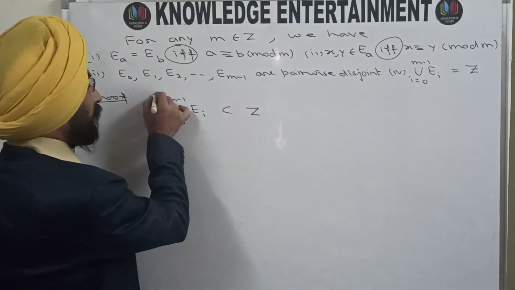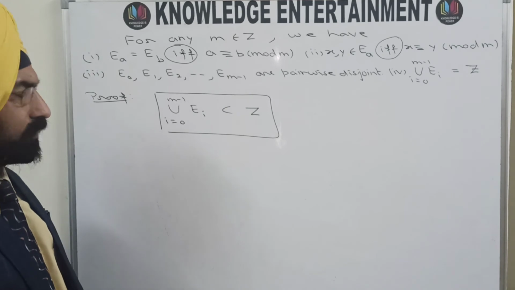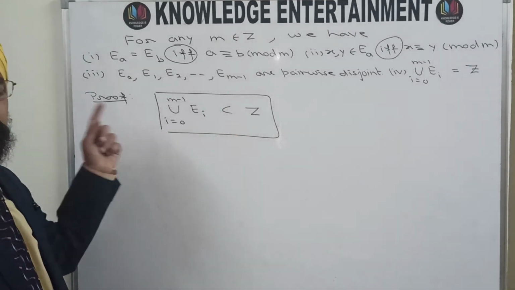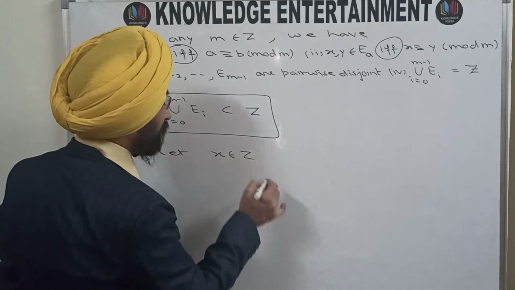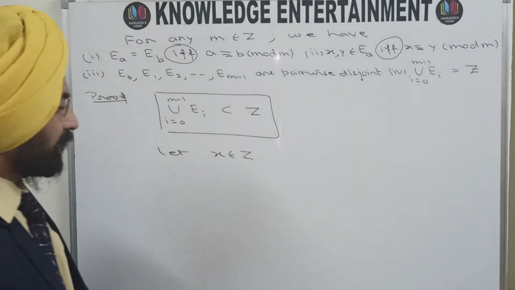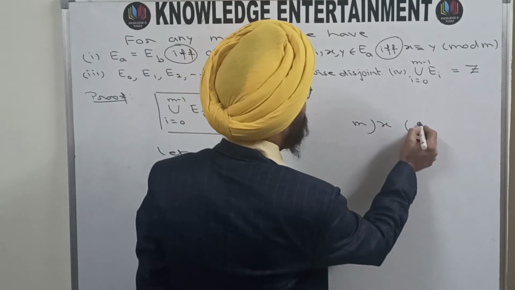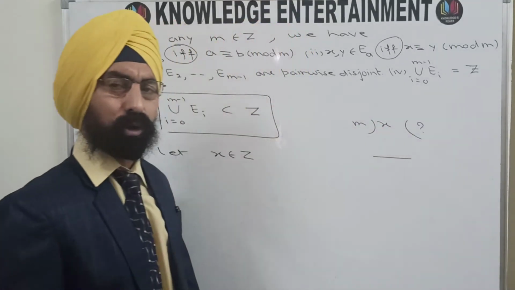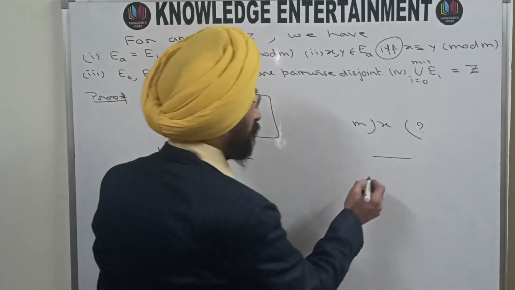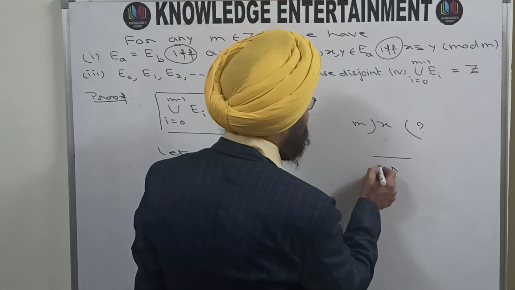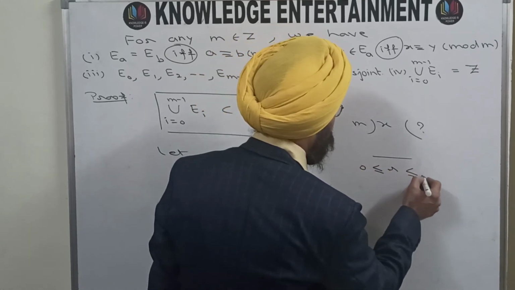And now we have to show that Z is a subset of the union of these. For that, I will take one element from here. So let x be any integer. If you divide x by m, whatever quotient you get is not a problem, but the remainder r is definitely greater than or equal to 0, but less than or equal to m minus 1.